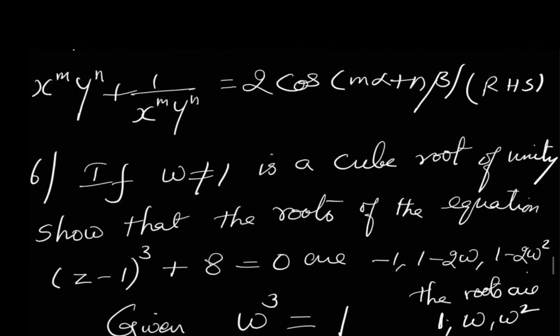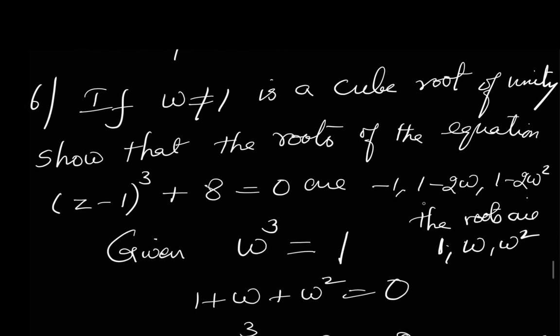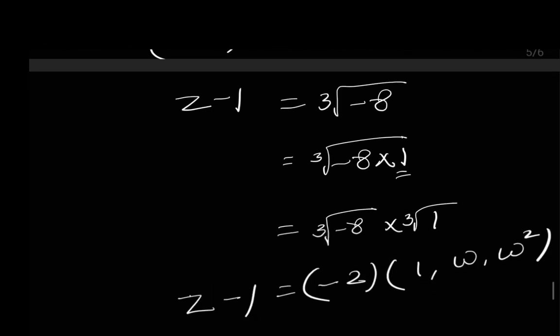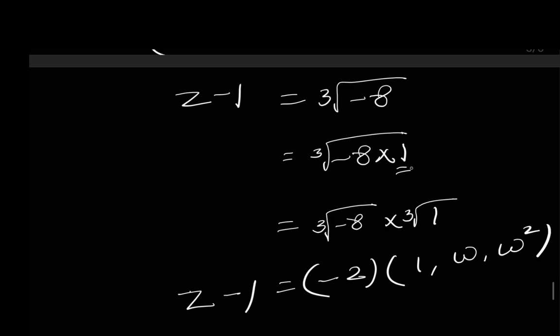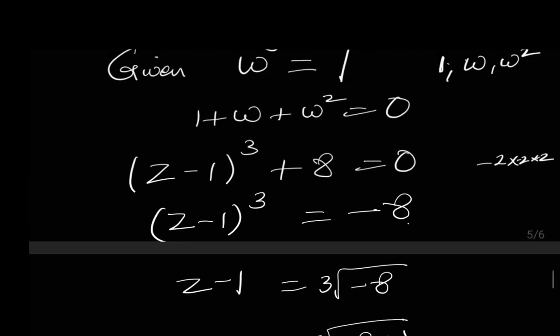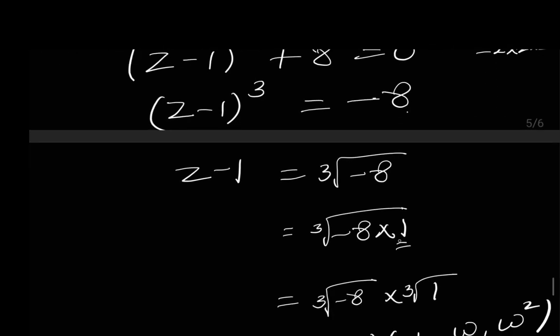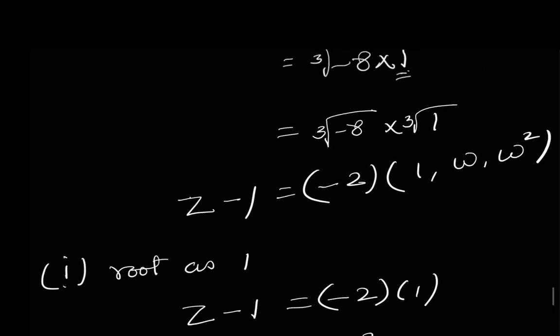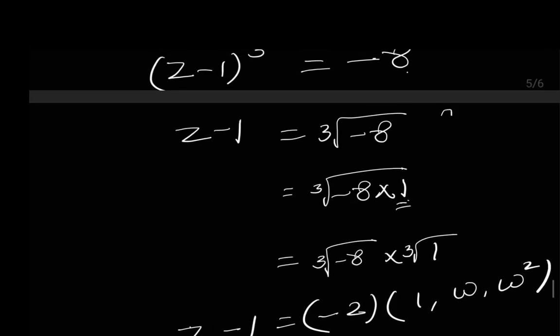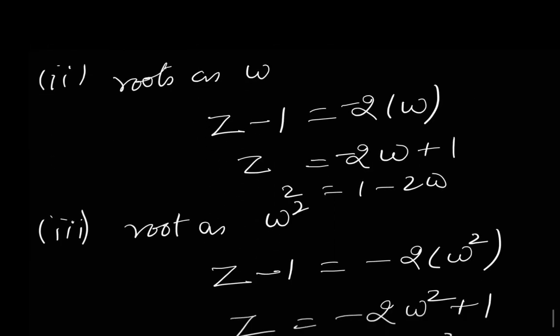That is what you have to prove here, so we proved this answer. Just keep this idea in mind: because the answer is required in terms of omega, we just multiply with 1, which does not alter the previous step. So this step is the important one. Okay, thank you.